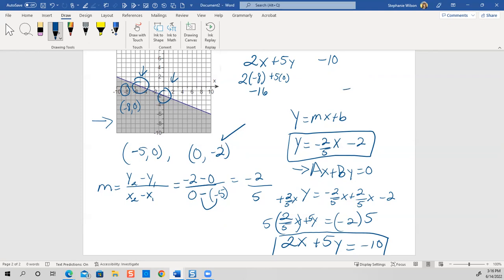So now my statement is -16 versus -10. Well, I know -16 is less than, and I'm going to throw in the equal to because it's a solid line. So now I know what my equation looks like. This is my linear inequality for this given graph.